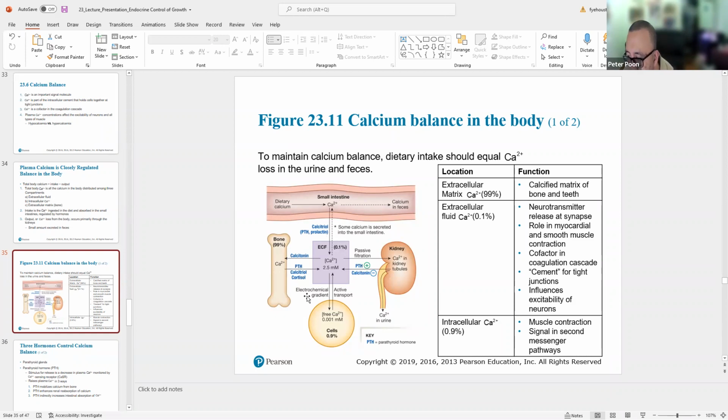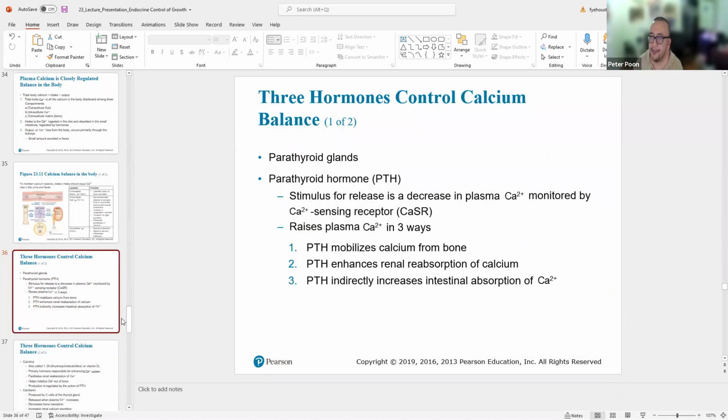That is mostly under the effect of parathyroid hormone. The most important hormone that controls calcium balance is parathyroid hormone, which causes calcium levels in the bloodstream to go up.